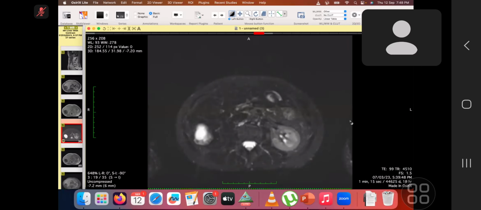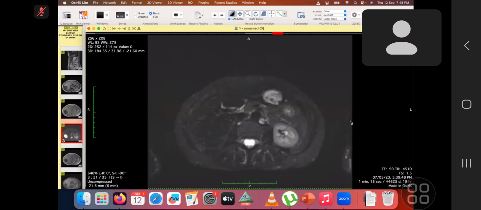So I am provided with the MRI abdomen, T2 fat sat images.